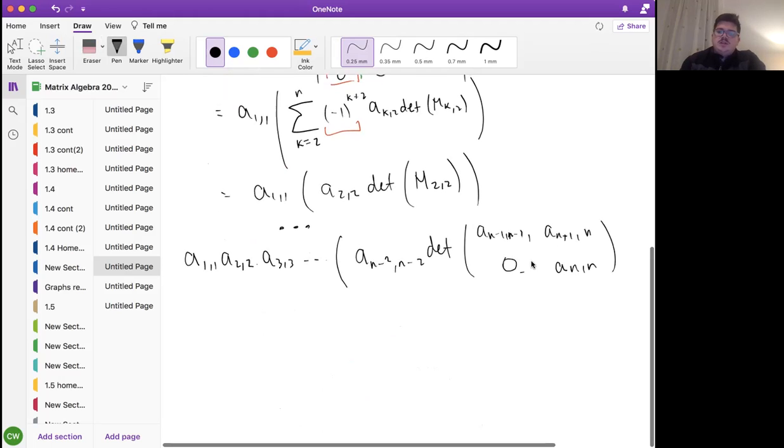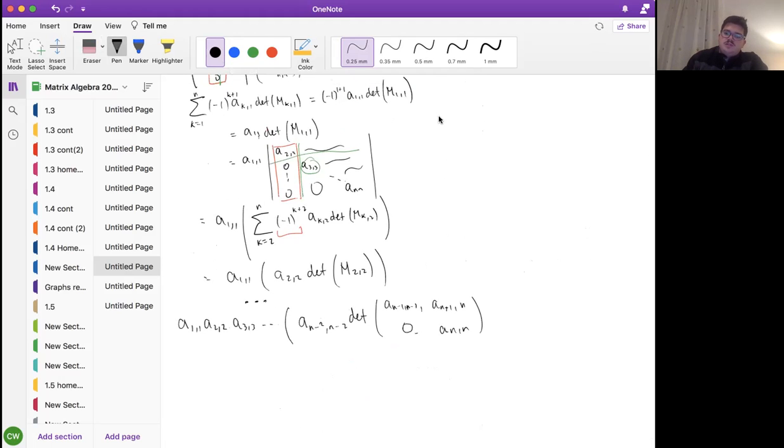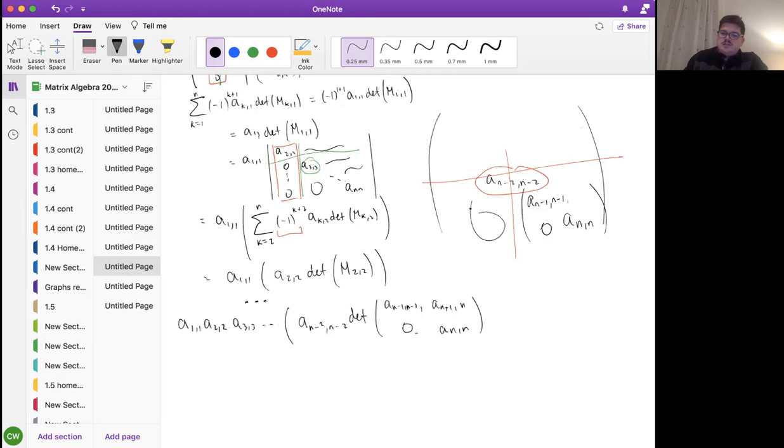So at the very end here, it's a n minus 1, n minus 1, and a n minus 2, n minus 2. So the very last thing we do is we delete that and look at this matrix. There's zeros here, and whatever that is. So that part doesn't even matter.